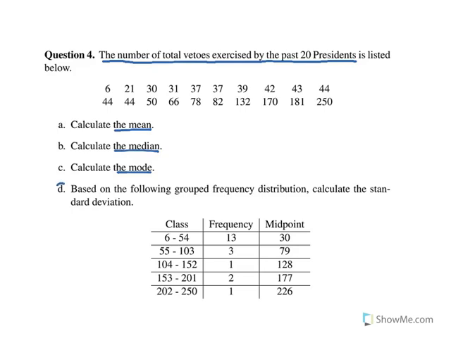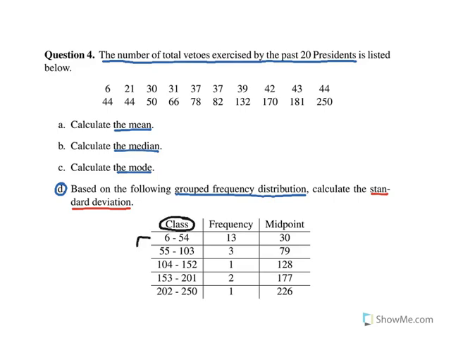And in part D, they already made a grouped frequency distribution for you, and they want you to compute the standard deviation. Before I solve anything, I just want to make one point. Look here at the grouped frequency distribution.